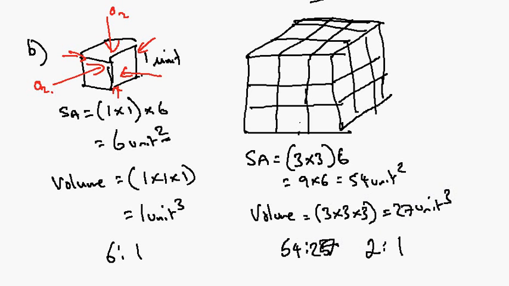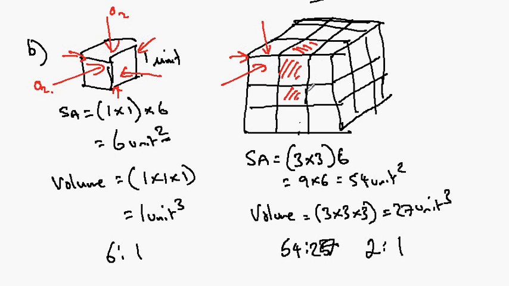So what does this mean? Well, if we examine the cubes, we can see that whilst this one has 6 exposed surfaces, the same volume here would only have 3 surfaces exposed to the exterior. This cube here has only 2 surfaces.